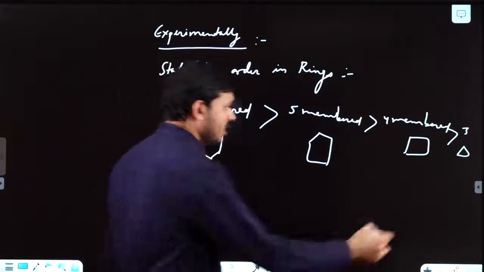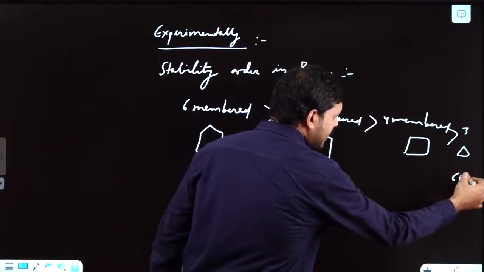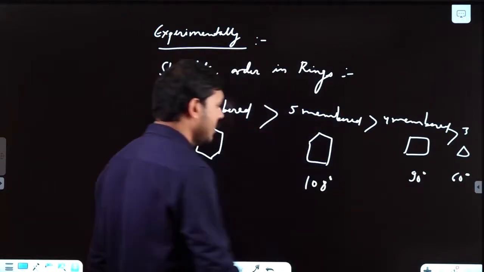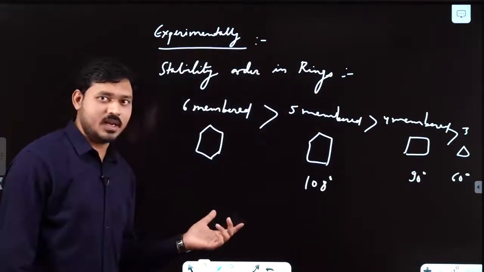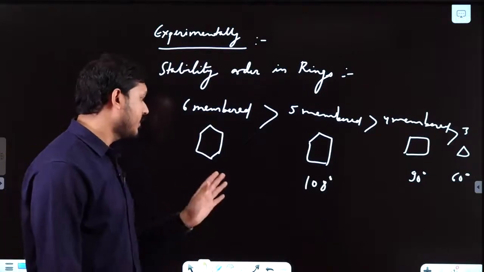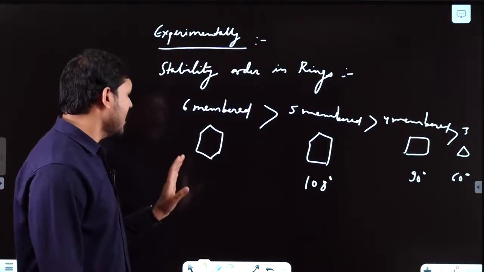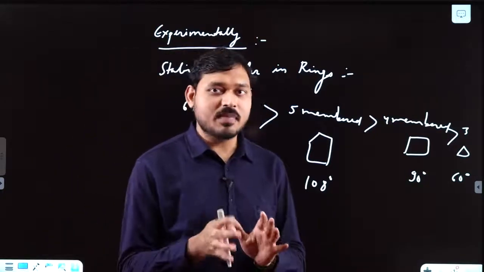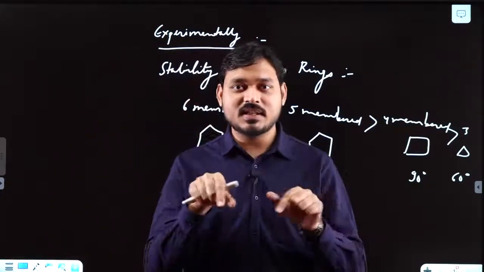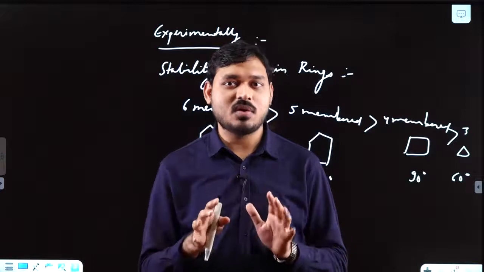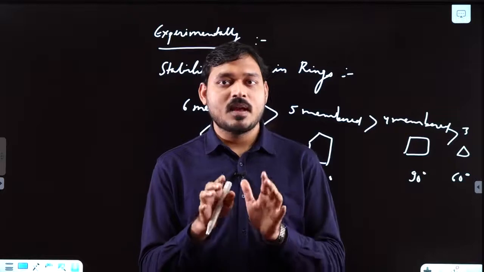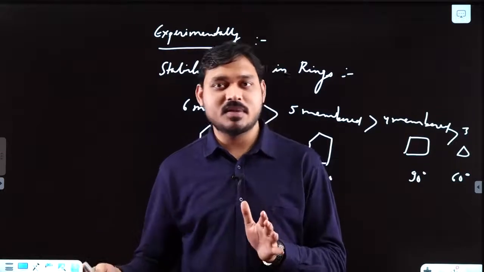Now these angles, as we studied, are 60 degrees internal, 90 degrees internal, 108 degrees internal, and this one was 120 degrees. But we found that cyclohexane won't exist in this rigid planar form. If you say the 6 carbons are in the same plane, that is not possible. So cyclohexane exists in various conformers, right?